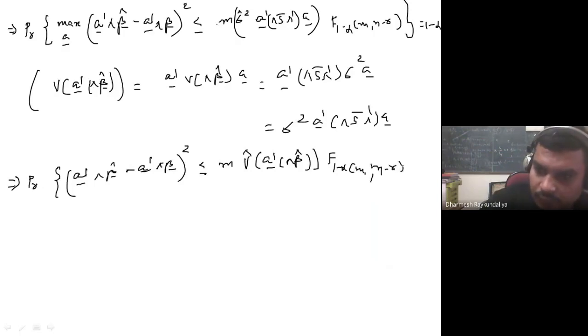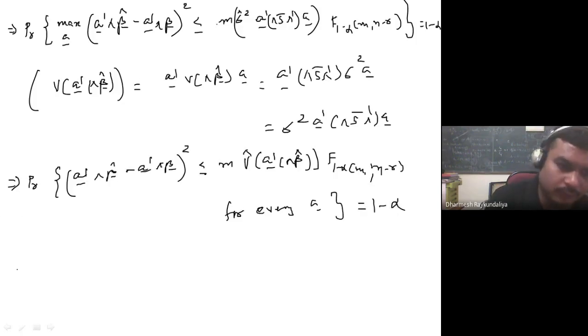This is for every a, because the maximum value is less than this. That means all the values, this is always less than or equal to this, that is 1 minus alpha. But this is the square, so we can take the square root, which is plus or minus.